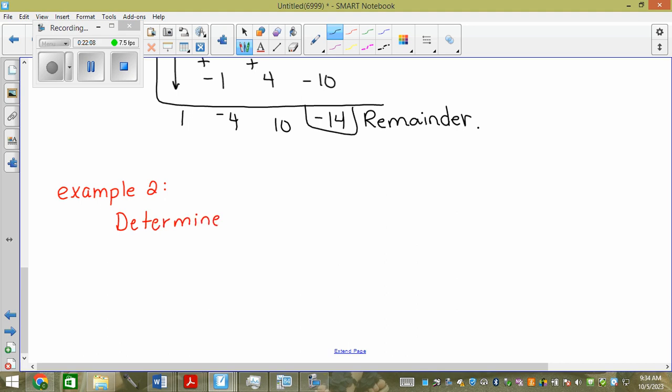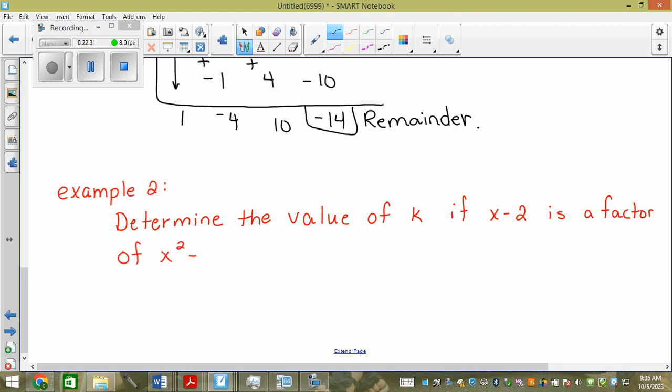Determine the value of k. If x minus 2 is a factor of x squared minus x plus k.